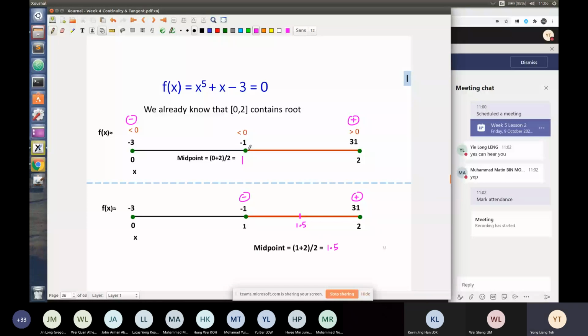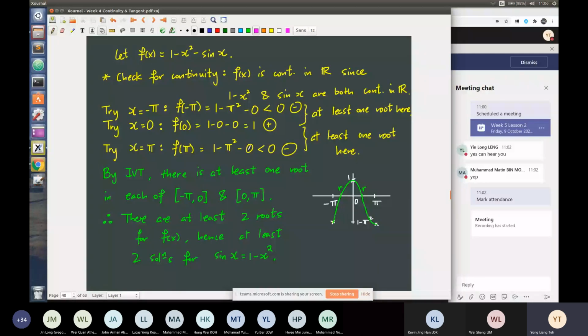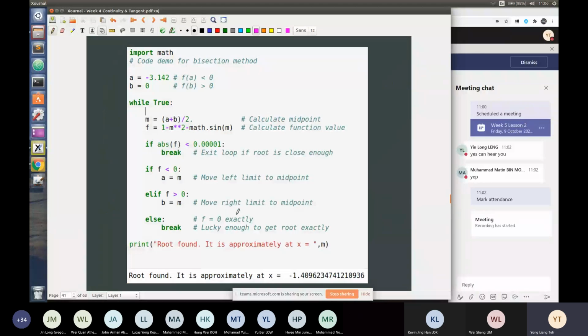We have gone through this manual example of how we can calculate the approximation to the root using manual calculation. You keep on bisecting, calculating the function value at the midpoint. Of course, this is most easily achieved by a program, or you can use spreadsheet software to do it for you.